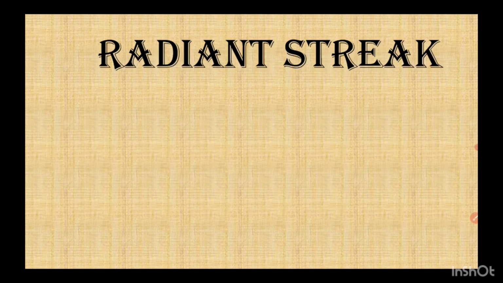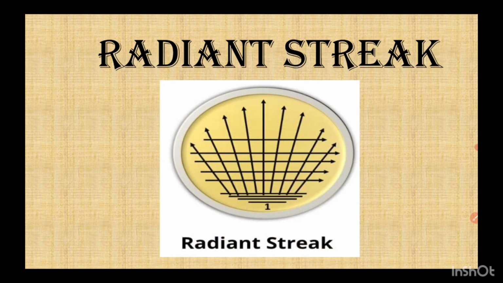Our next method of streaking is radiant streaking. Radiant streaking is a technique where you streak outwards from a central point, like spokes on a wheel. See, in this you can see there is a central part and all the lines you can draw as spokes that you can see on a wheel. So here place a loopful of culture in the center, and then streak the lines in such a manner that the streak goes outside from the central point.